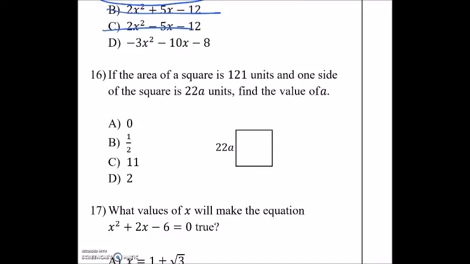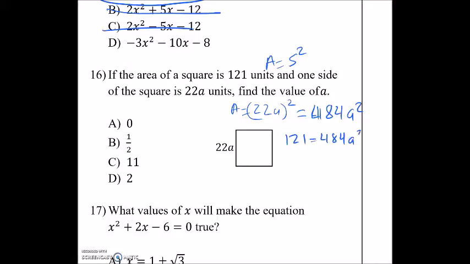Number 16, area of a square. Area of a square is s squared. In this case, area would be 22a squared, which means 22 times 22, which is 484a squared. So when they tell you that the area is 121, then we should put 121 equals 484a squared.